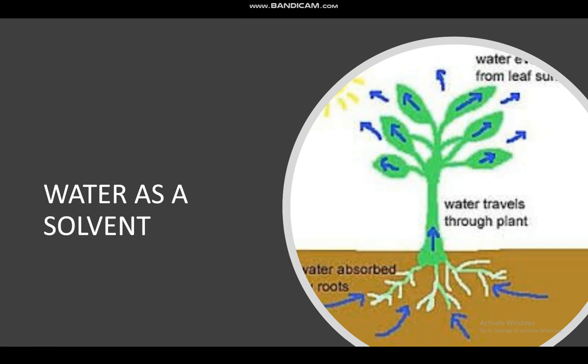The salt and minerals required by the plant are first dissolved in water from the soil, and through the help of the vascular bundle they reach the cells of the plant where photosynthesis occurs. So water is used as a solvent to dissolve minerals and salts.